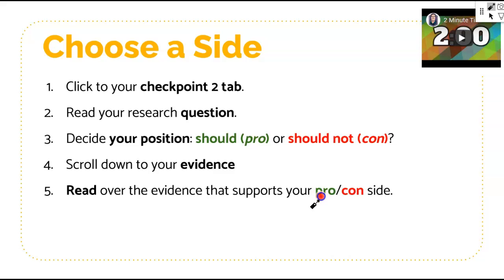But if you chose pro and most of your evidence is on the con side, then you might think about either going back to do research so that you find more pro research, or just deciding for the sake of this argument and the sake of this assignment to argue the con side, even though that might not be your position in real life.